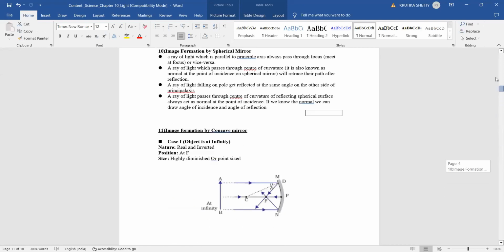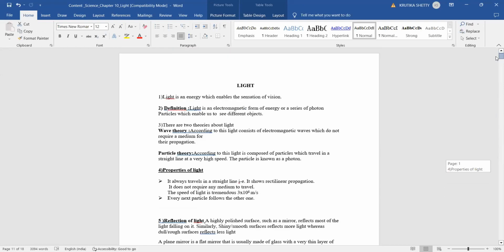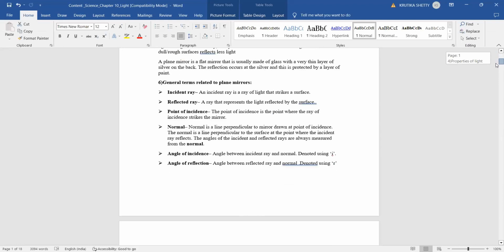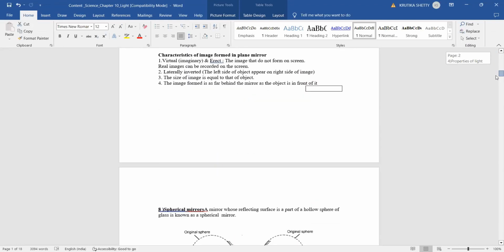So the lesson summary: first we started with what is light, properties of light, what is reflection of light, terms related to the reflection of light, laws of reflection.